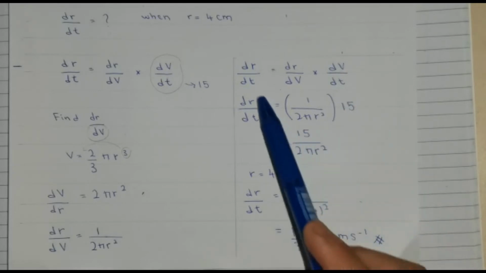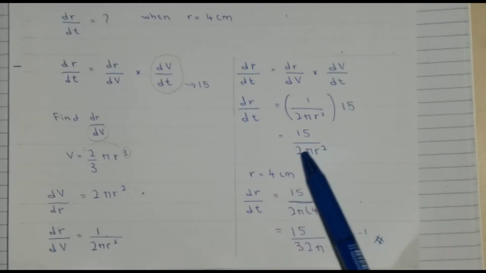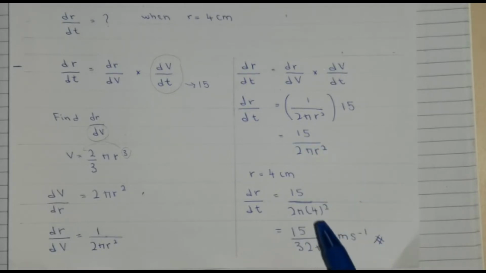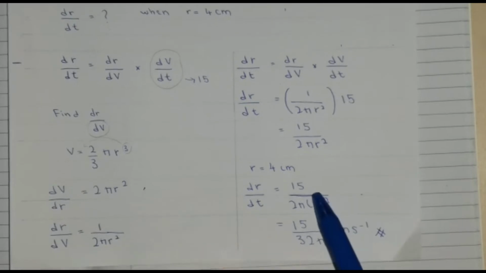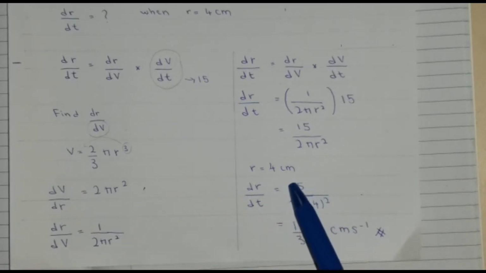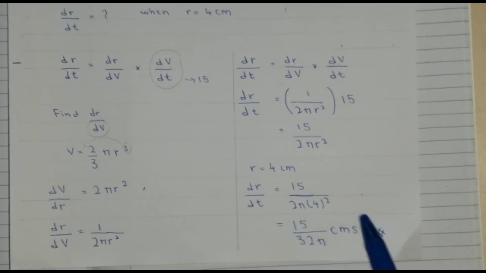The value for dr over dt that we get is 15 over 2 pi r square. After that we replace r with 4, and the final answer that we get is 15 over 32 pi.